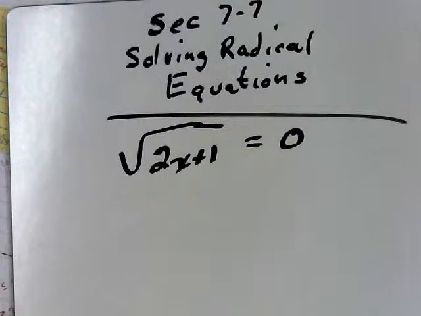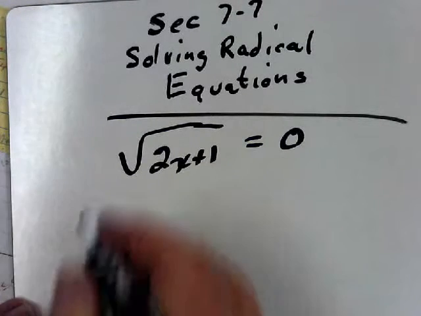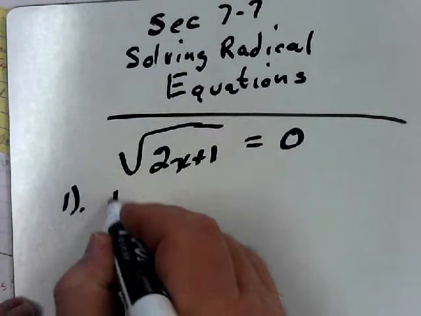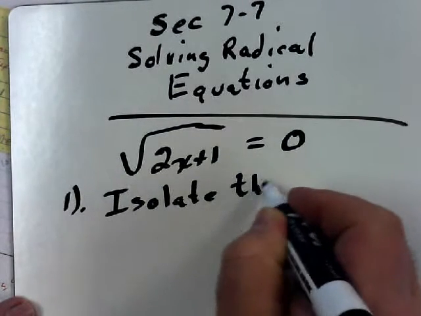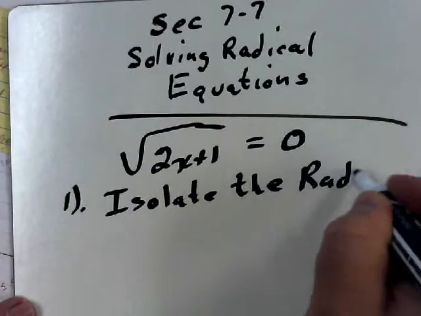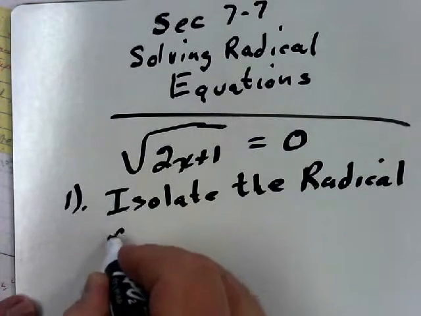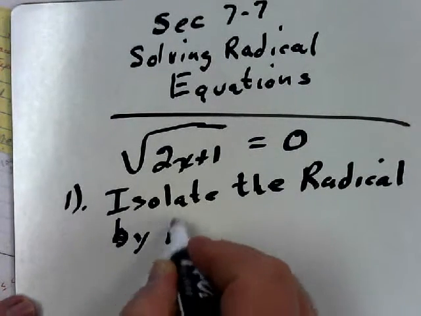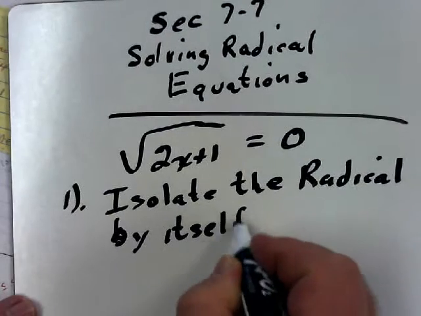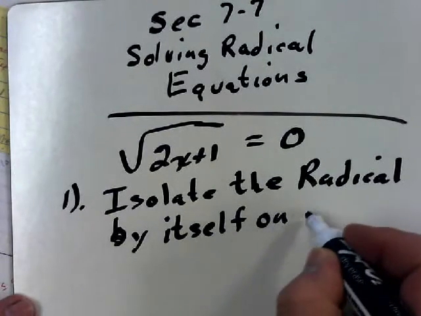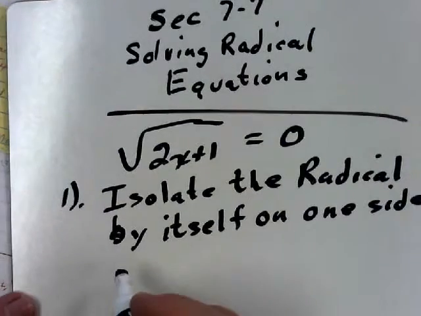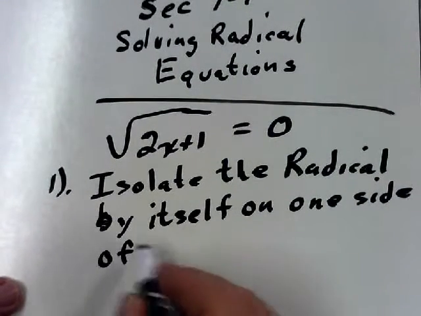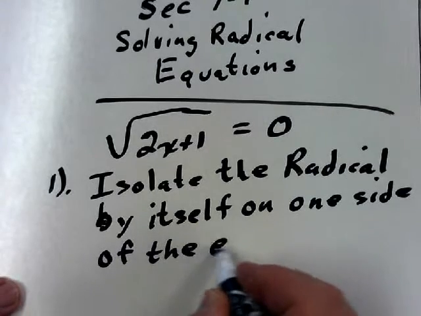If I'm going to solve a radical equation, the first step is to isolate the radical by itself on one side of the equal sign.